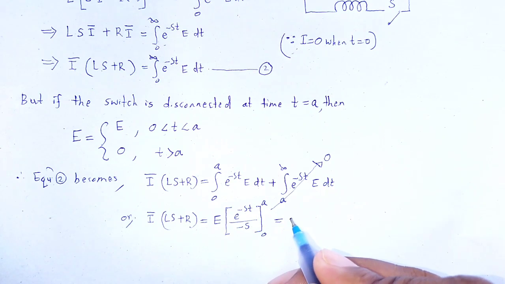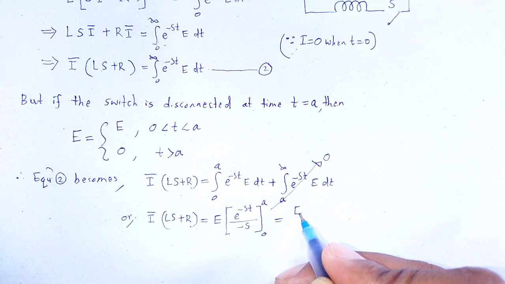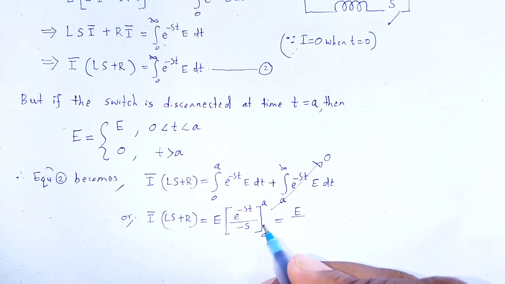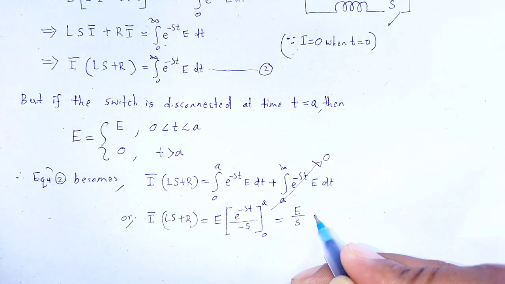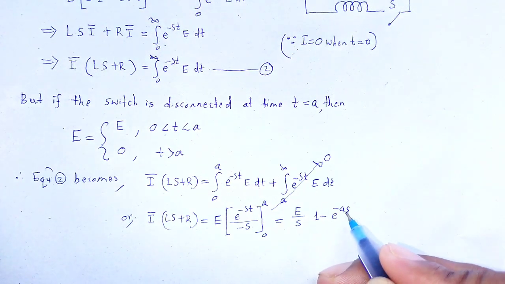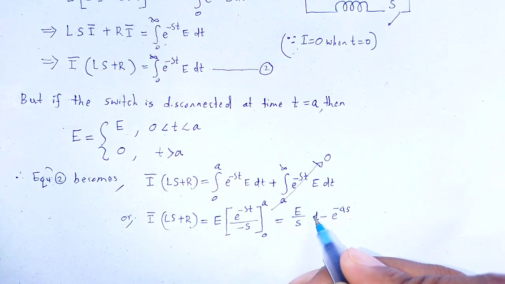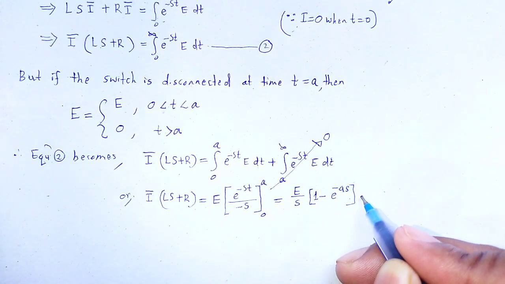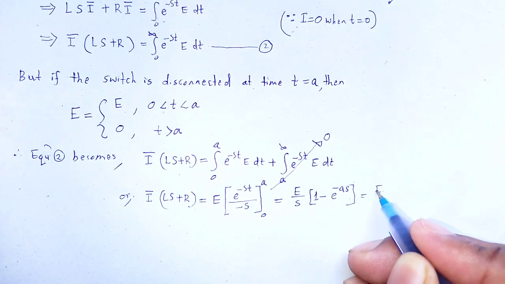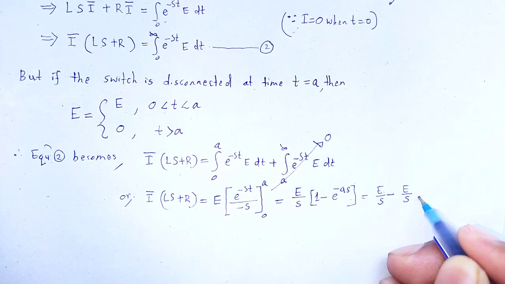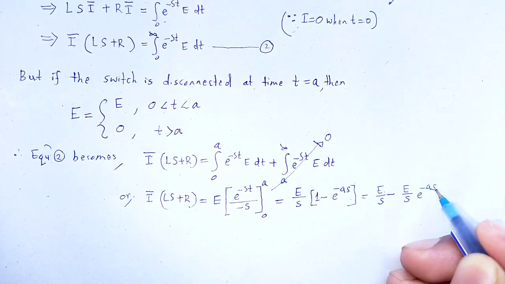We have E divided by s times 1 minus e to the power minus as, that is equal to E by s minus E by s times e to the power minus as.